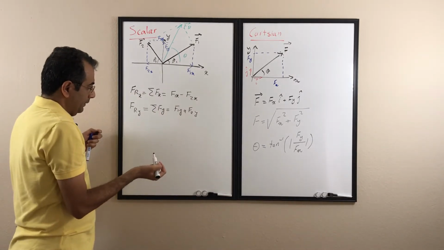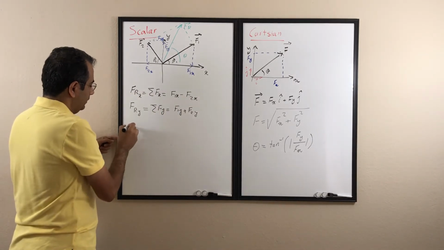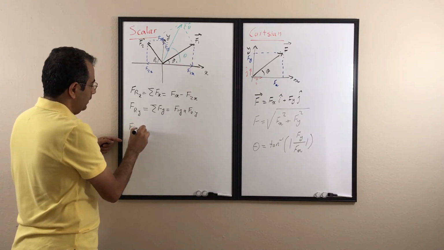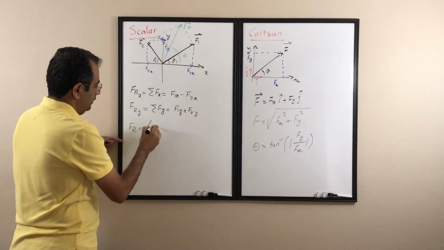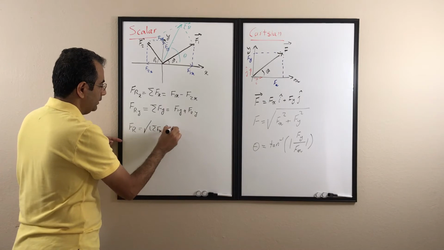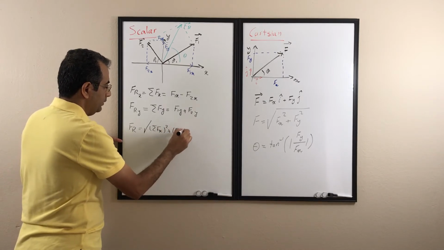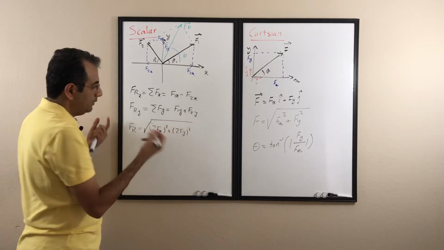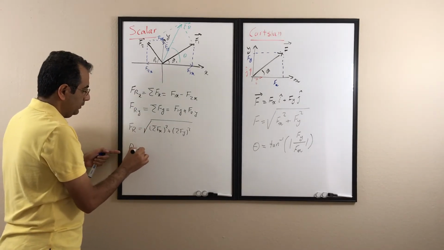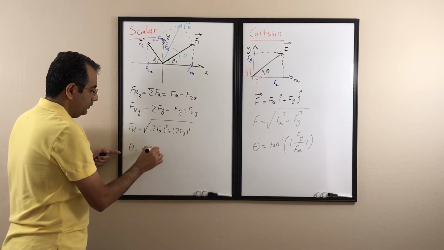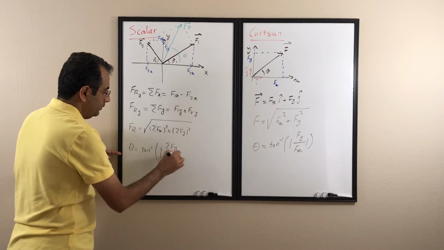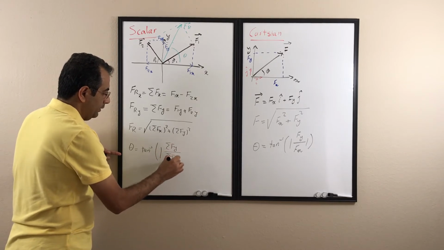And if we need the magnitude of the Fr, its magnitude is going to be sigma Fx squared plus sigma Fy squared, and then the square root of that. And if you want to know the angle, theta is going to be tangent inverse of sigma Fy divided by sigma Fx.